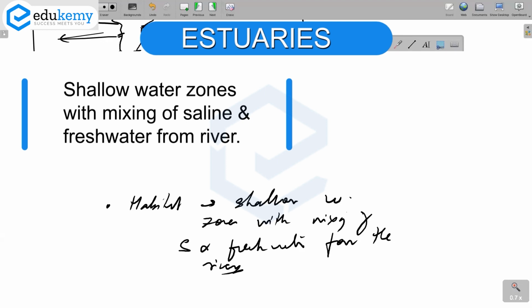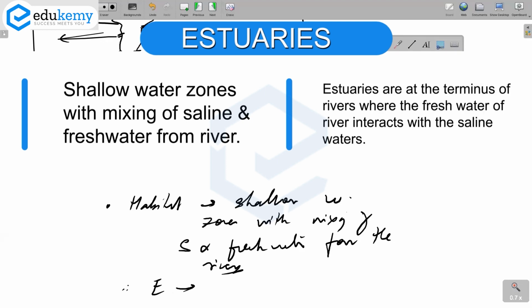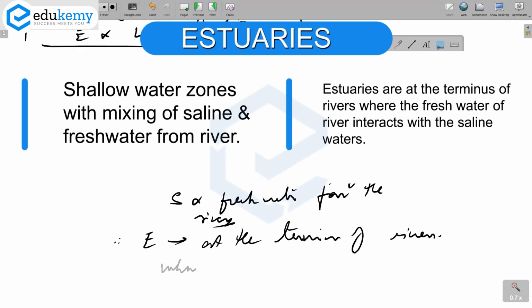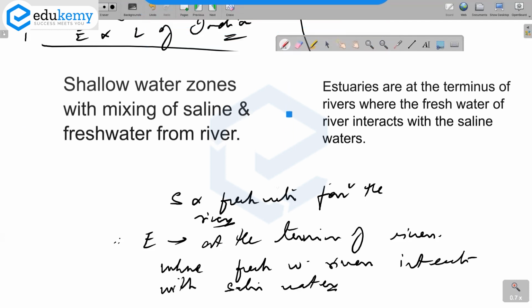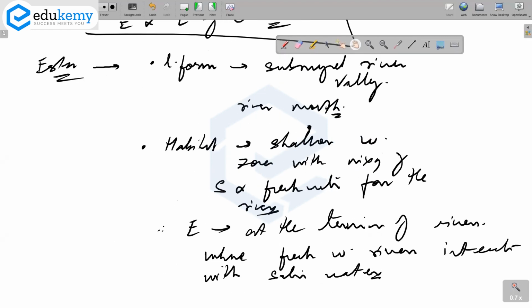Therefore, we say estuaries are at the terminus of rivers, where rivers end, where the fresh water of the rivers interacts with the saline waters. So this in short is the explanation for what are estuaries.